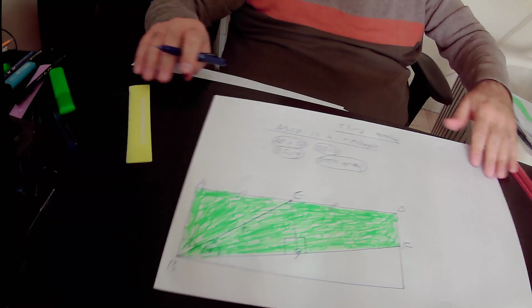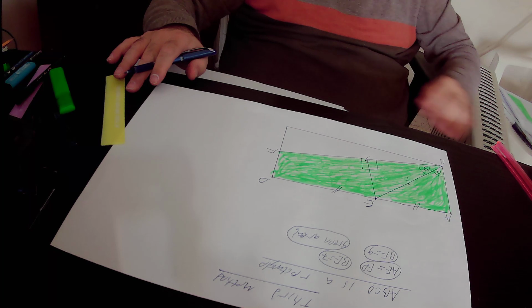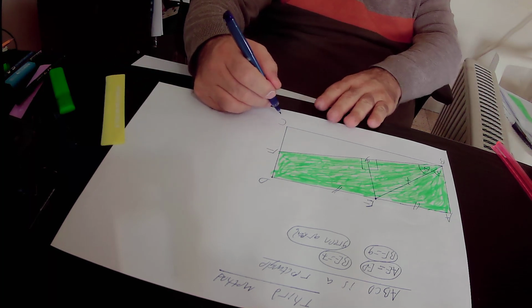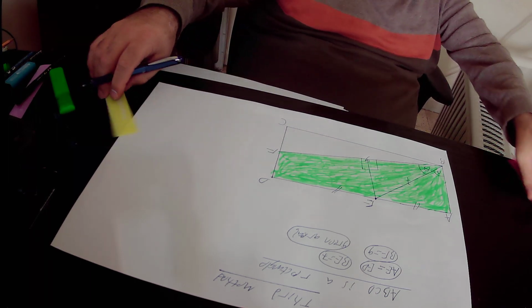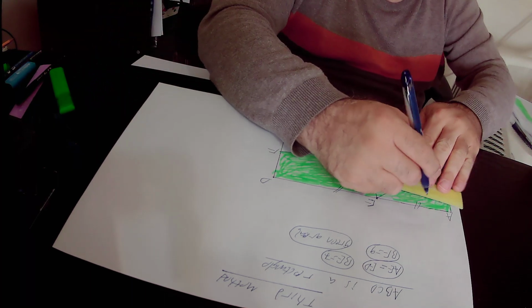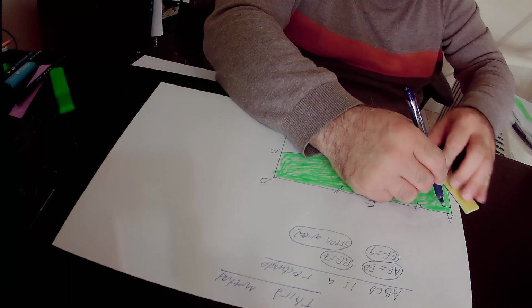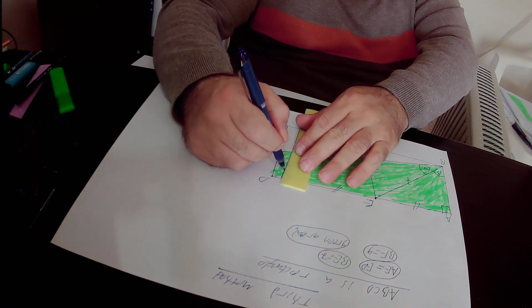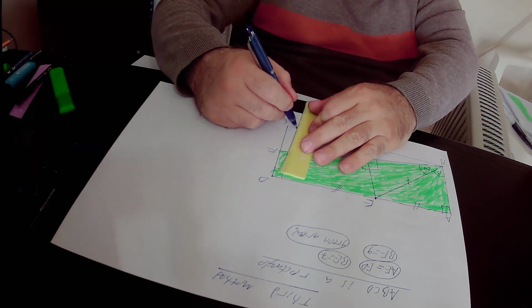And we also know that all the angles inside rectangle ABCD are right angles, so this angle equals 90 degrees, this angle also equals 90 degrees, and this angle also equals 90 degrees.